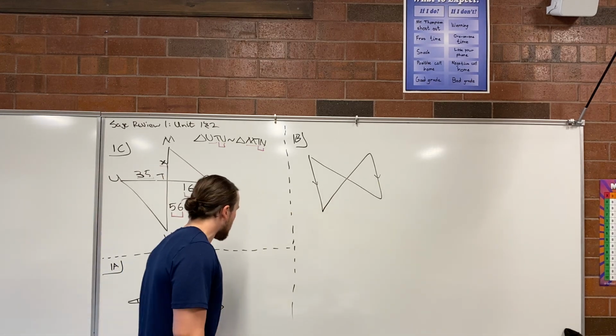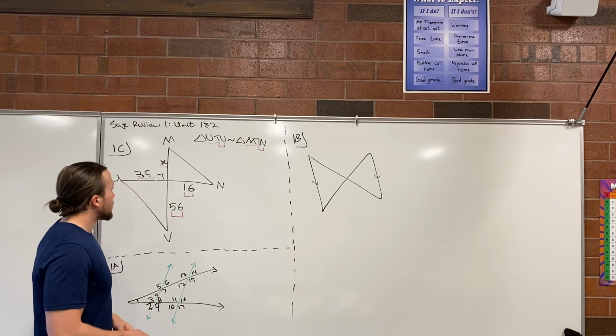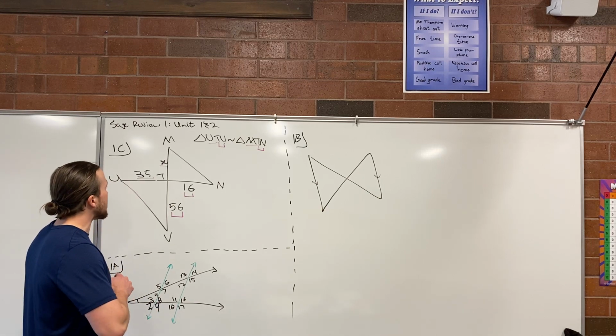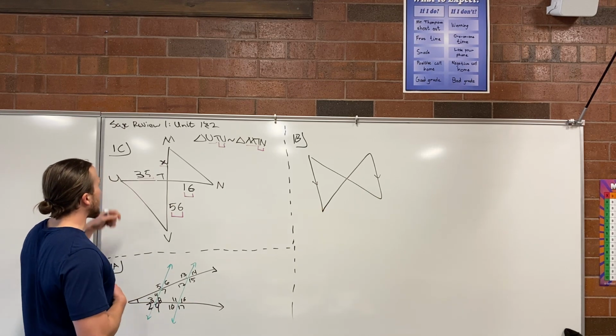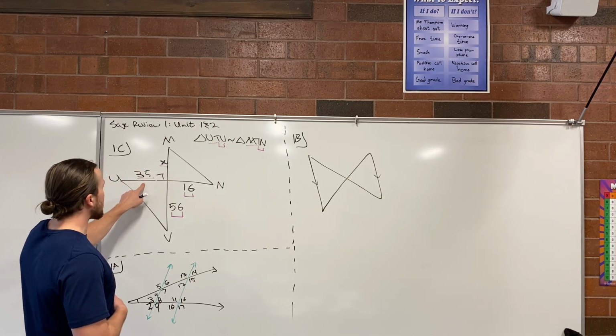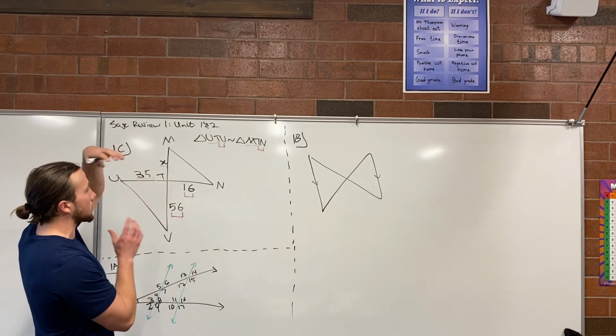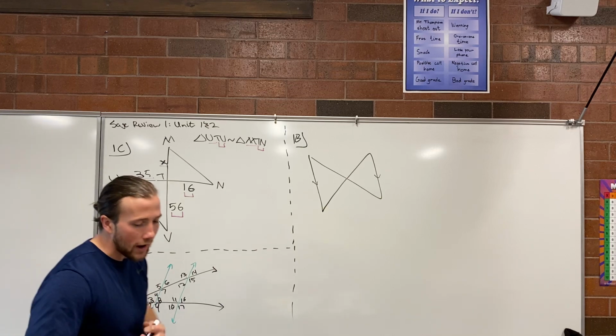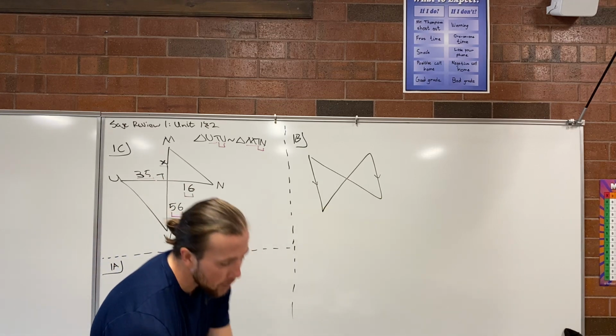So now we have everything we need to actually solve for the variable x. This is actually gonna work out pretty well. Okay, so basically what we're trying to do here is identify which ones are similar, okay? So I can do, this is similar to that, so I can either put them equal to each other or I can put them on top of each other. It's gonna work out either way, really. So what we're gonna do here is we're gonna put them on top of each other.